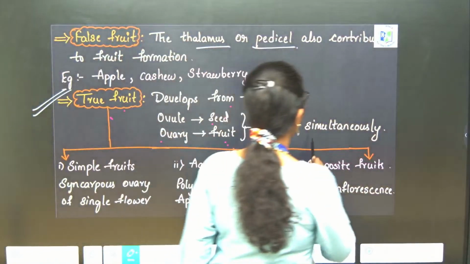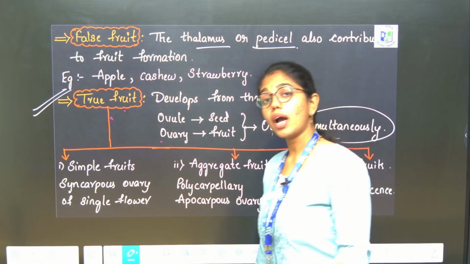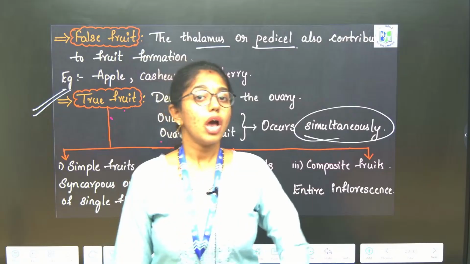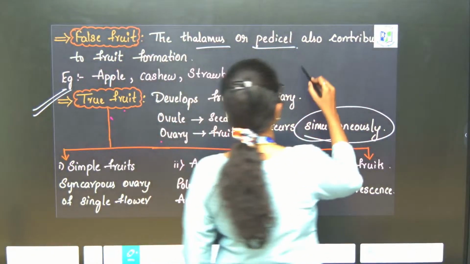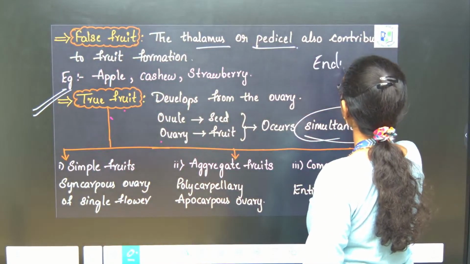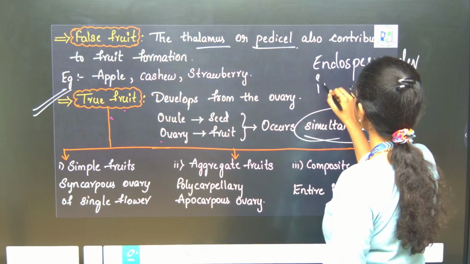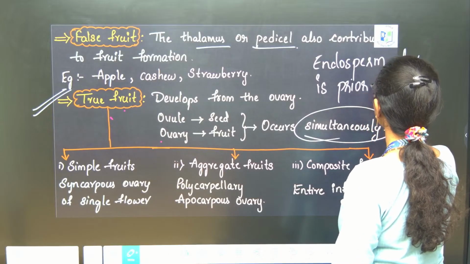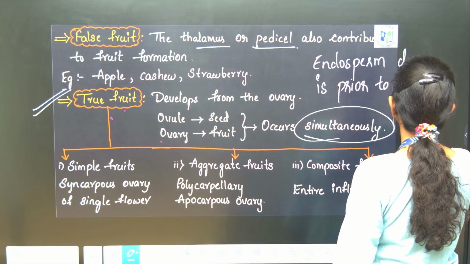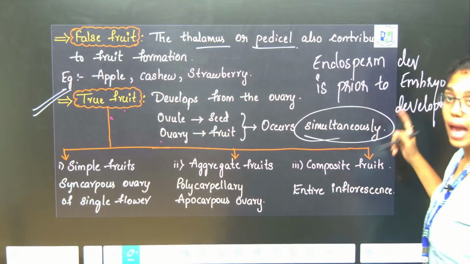Both processes occur simultaneously. You remember, we can expect a statement based question considering post fertilization events in sexual reproduction of flowering plants, where you have to remember this: endosperm development is prior to embryo development.